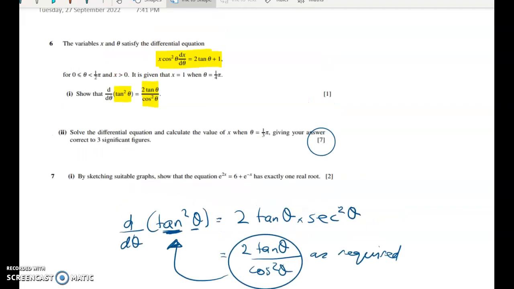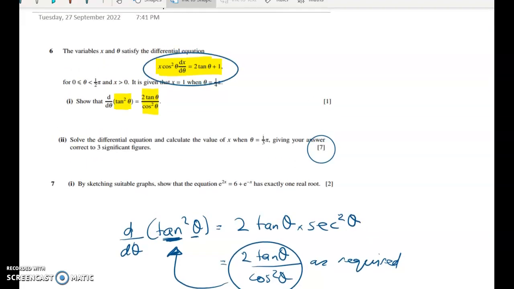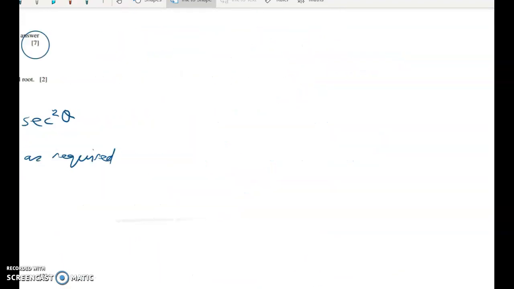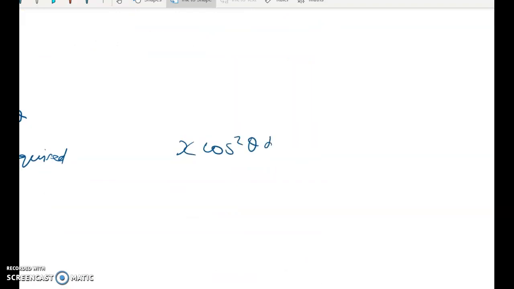So let's now look at the DE. Here it is here. We're going to have to start off by separating the variables. So I'll just work over here. So we've got x cos squared theta dx by d theta is equal to 2 tan theta plus 1. We want to keep everything with x's on one side and everything with theta on the other side.